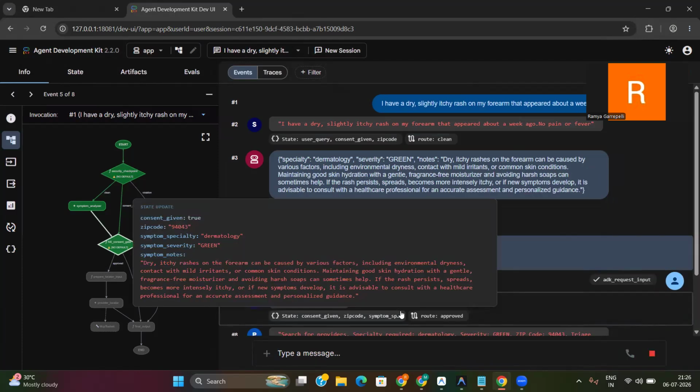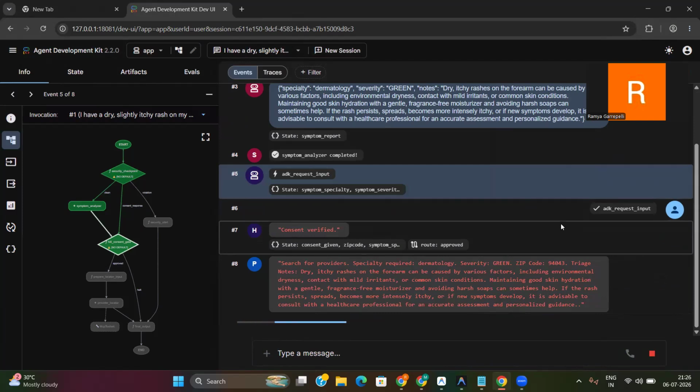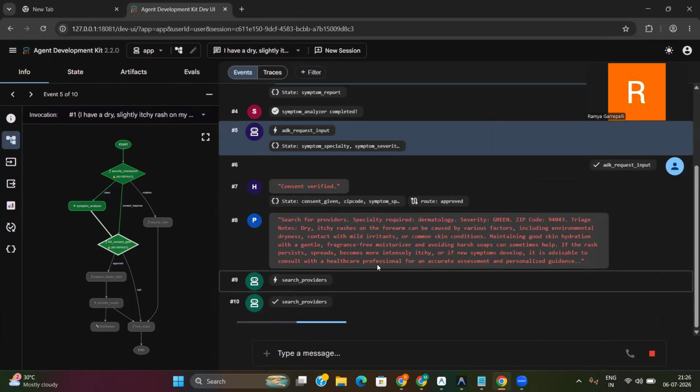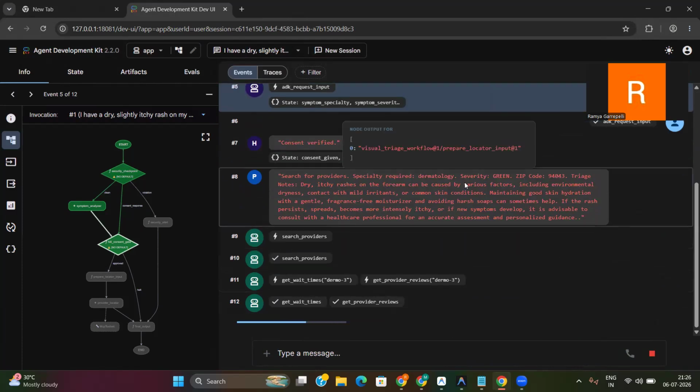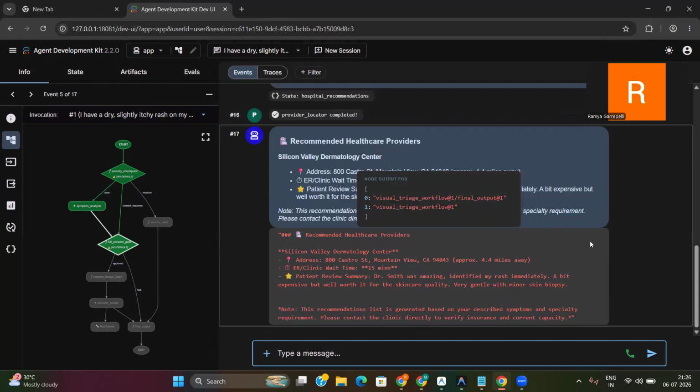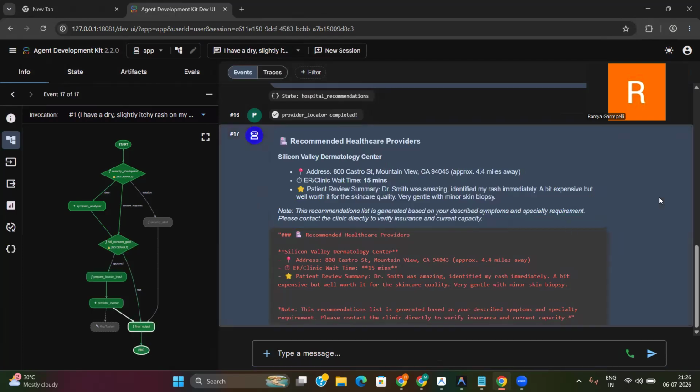What happens here? It verified and gave the response to search for providers, and the green indicates that it is not a medical emergency.